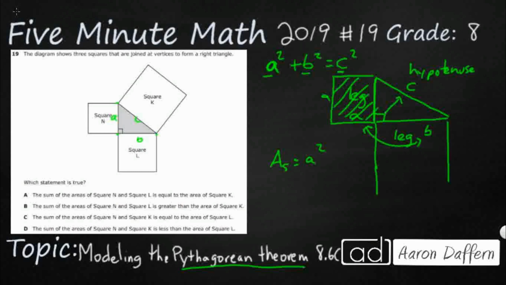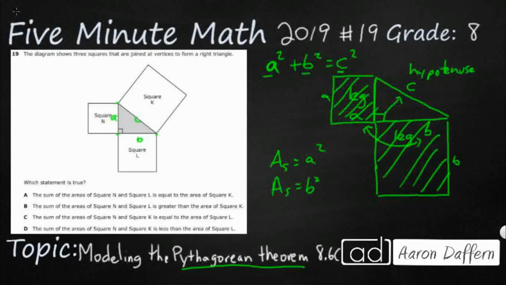And these are different side lengths, which is fine. So you've got b squared. And so the area of a square is going to be a squared, and the area of a square is also going to be b squared, depending on which square you're looking at, because you're doing side length times side length. B times b, a times a.